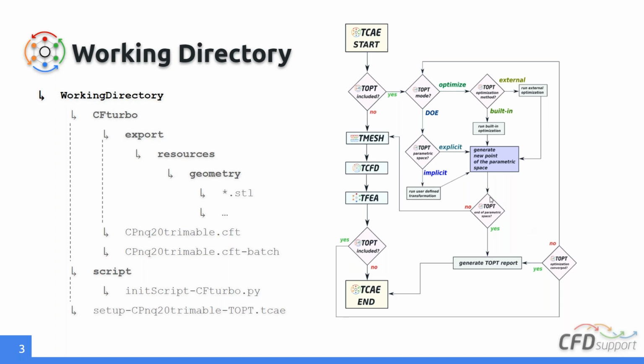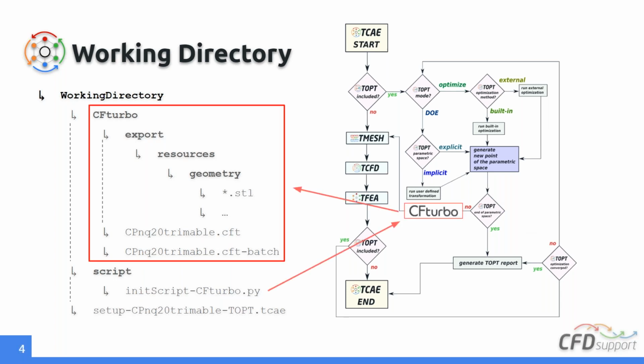So now, if you would like to incorporate some external tool for generating the geometry, using the initialization script, which is run for each optimization run, we trigger the CFturbo batch mode, for which we provide, as I will show you, basically just the parameters which have to be used for the new geometry generation.